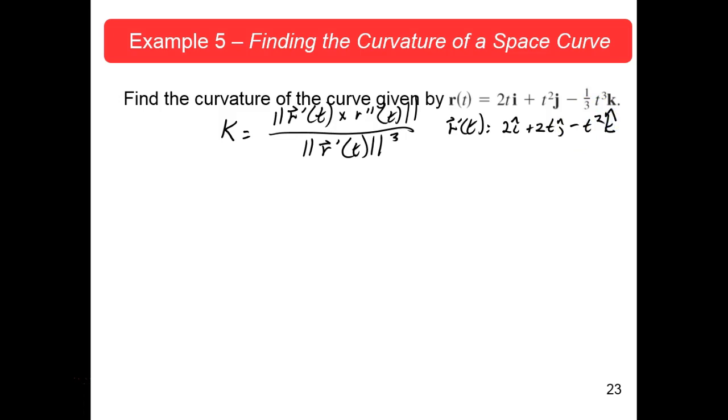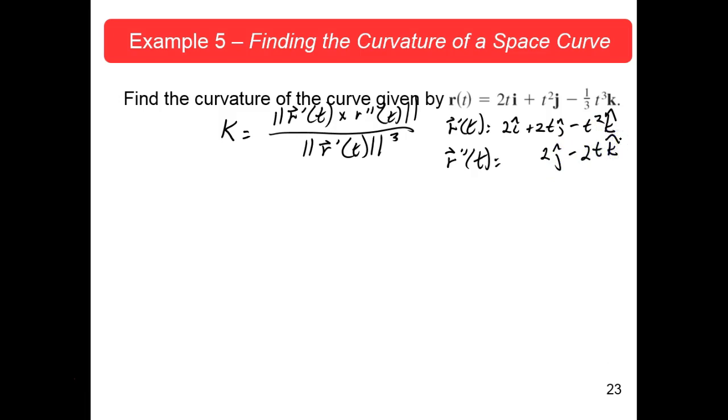Now what do you want to do next? You've got two more steps to do. Just go ahead and get the next derivative, the second derivative. R double prime of t is, well, 0i, because the derivative of 2 is 0. It's plus 2j minus 2tk. Got it.